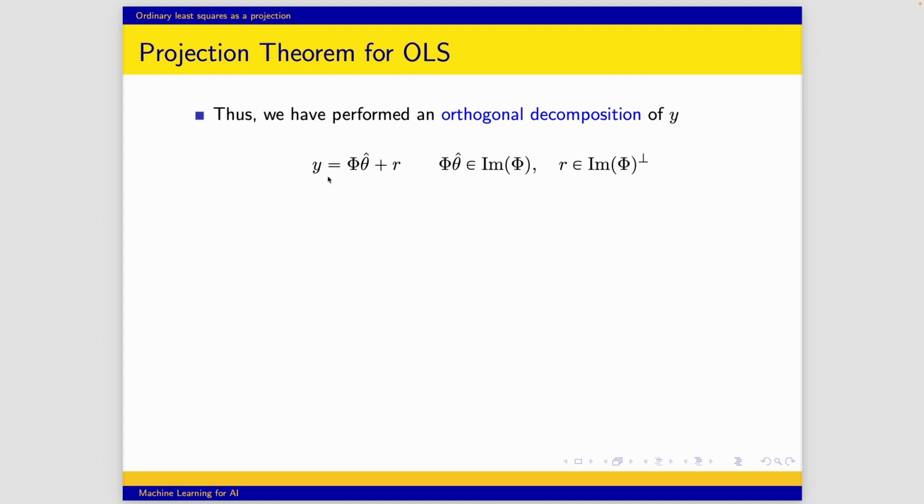We have y equal to the approximation of y plus the residual, which we can think of as basically the error in this approximation, although it's a signed error, so it's not a very useful one without doing something more, at least taking the absolute values, where this approximation lies in the image space and the residual, or the error, lies in the orthogonal complement of the image space.